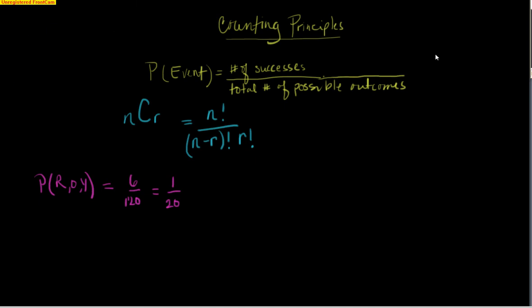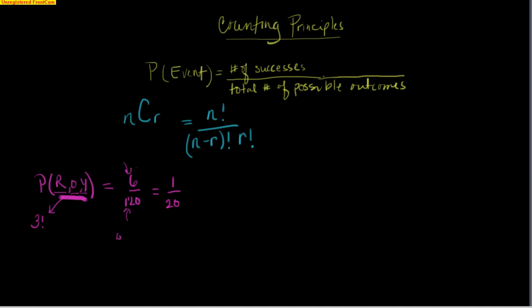If you recall in an earlier screen when we were talking about pulling 3 M&Ms out of the set of 6, and I asked you what's the probability of getting the red one, the orange one, and the yellow one, we worked that all out. We ended up with 6 over 120, and if you remember correctly, 6 was 3 factorial, the ways we can arrange all 3 of these letters, over the 120, which was the way we could permute.